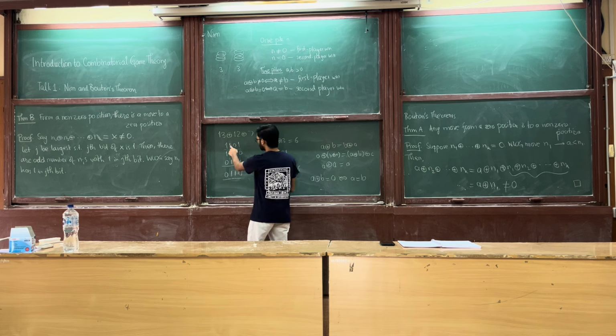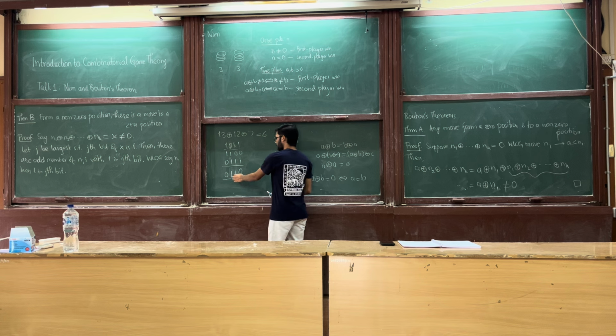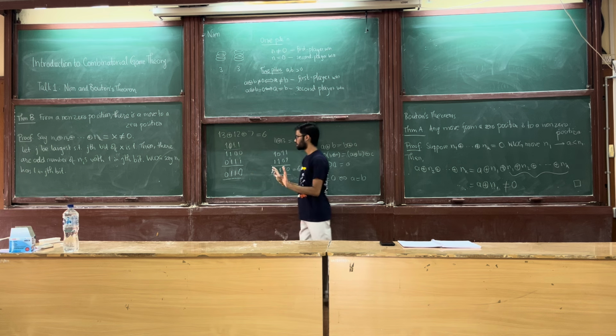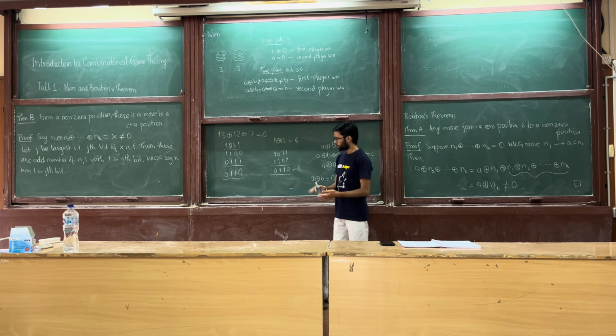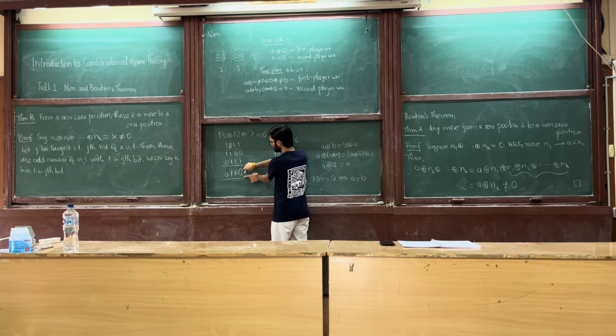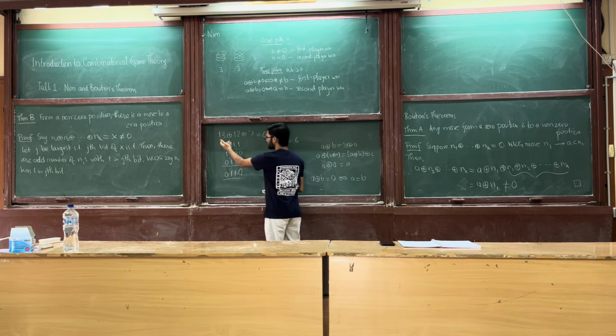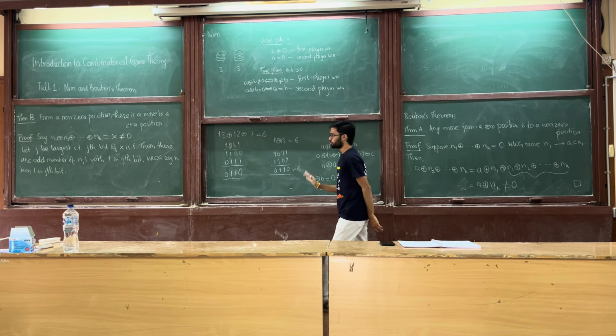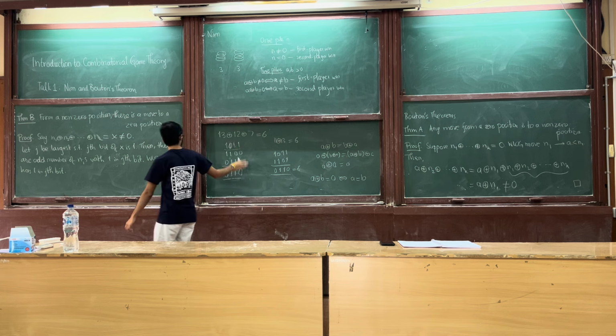Since there is a 1 here, I'll change this to a 0. Since there is a 1 here, I'll change this to a 1, and so on. Only where there is a 1 here, I'll flip the corresponding bit, and that is enough. If you notice, all I have to do is nim sum this with this: all the ones will change the bits and the zeros will leave those intact. So all we are exactly doing is just nim summing this with this.